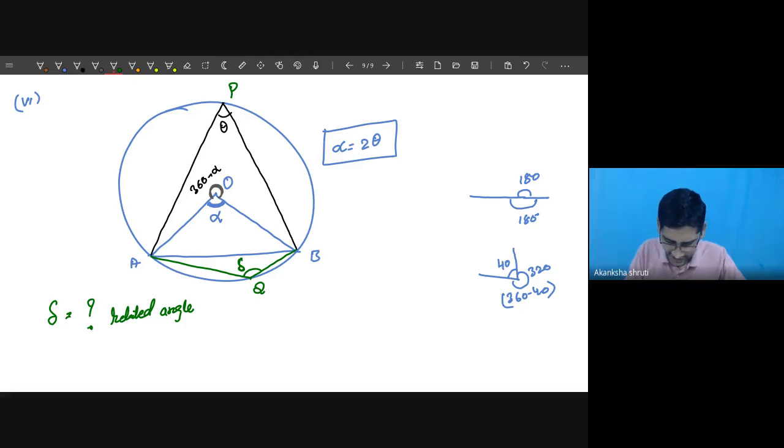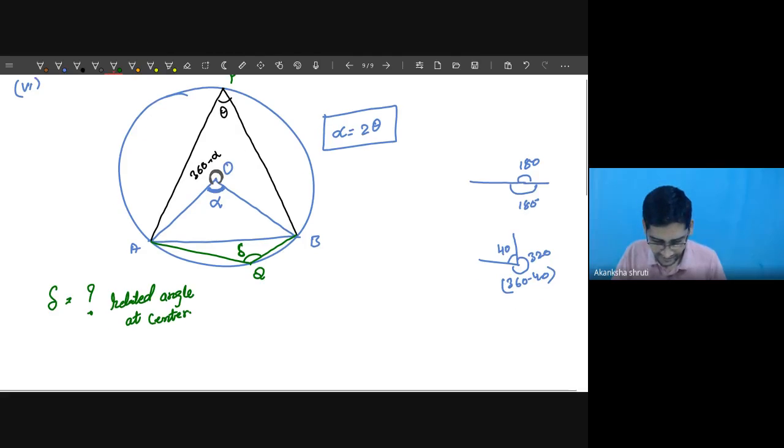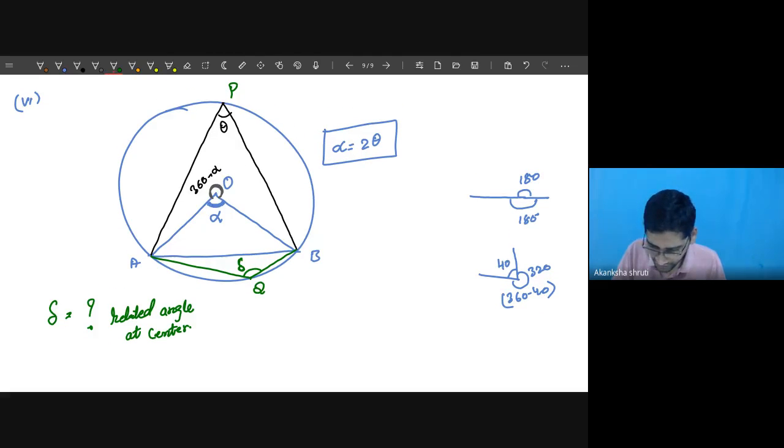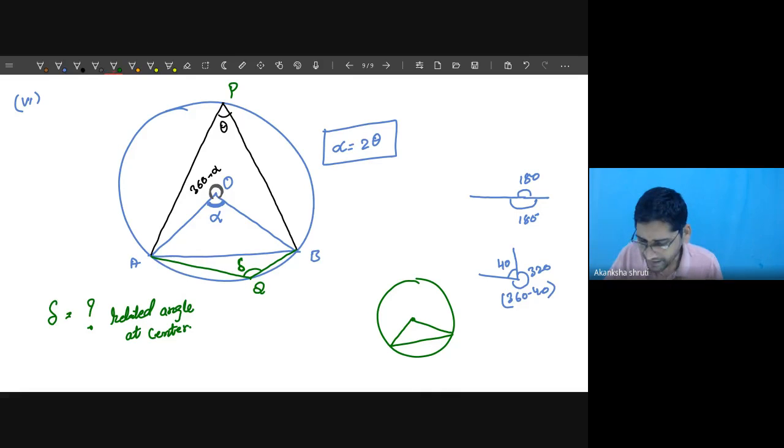But considering the center, what is the related angle at the center? Yes, student, tell me. I had alpha. Delta is related to alpha. Be careful. I had told you, if we consider an arc or a chord which is making some angle, and the angle is made at the smaller segment, at this time you are looking for this angle, because these two will fall in the same line.